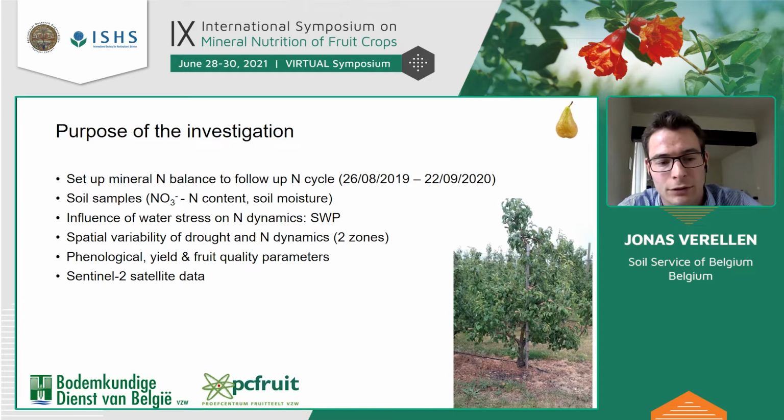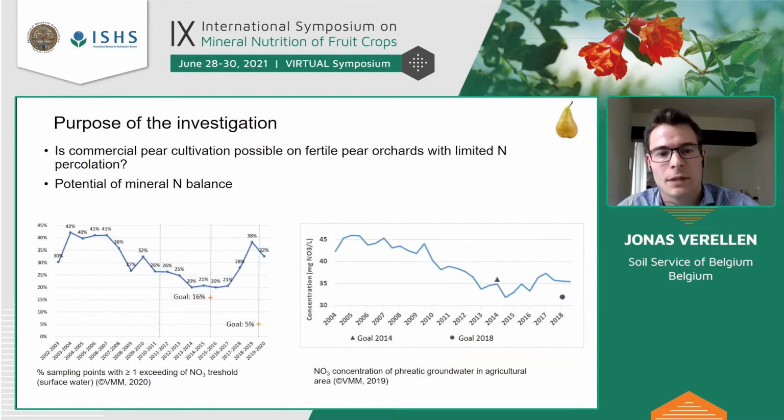The impact of drought was also studied on phenological yield and fruit quality parameters, and also Sentinel-2 satellite data was used to see if the satellite data showed the same trends as the field observations.